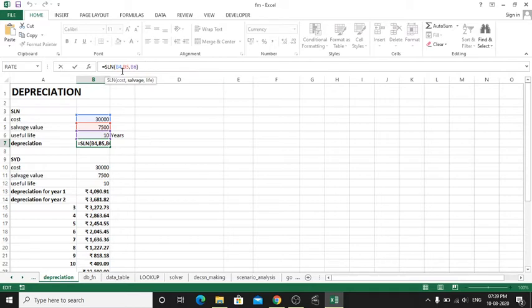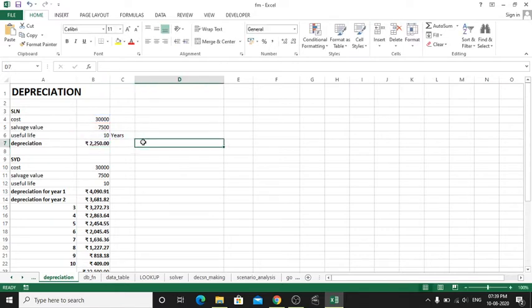In this formula we are giving the cost as 30,000, salvage value as 7,500 and the useful life as 10. Okay, and we will get the depreciation amount. So here is the amount. How can we calculate the SLN or the depreciation value with a single period?